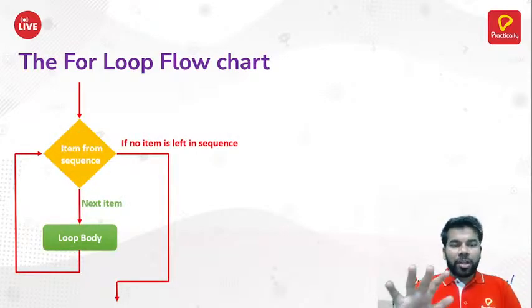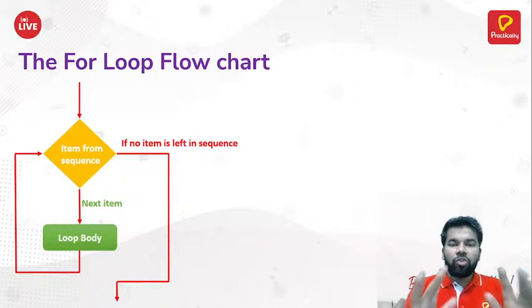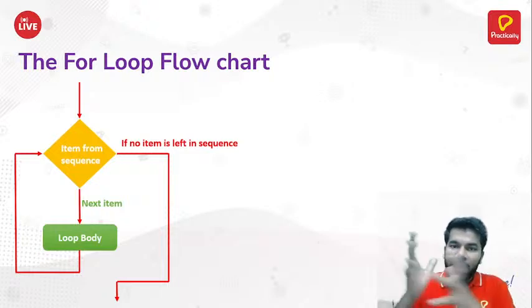Another important thing: this is how the flowchart of for loop works. Flowchart indicates how the program control will flow, how the control will move from one point to another point.